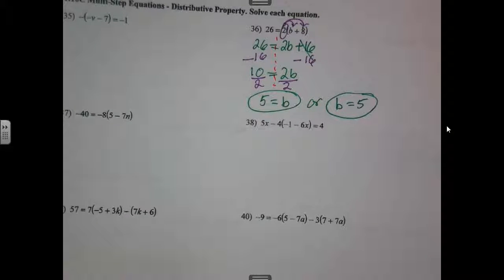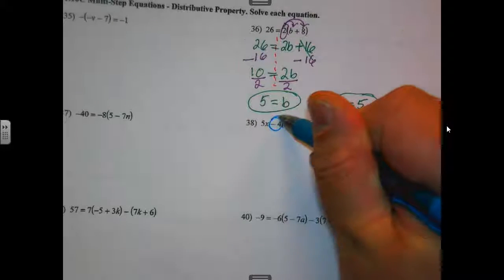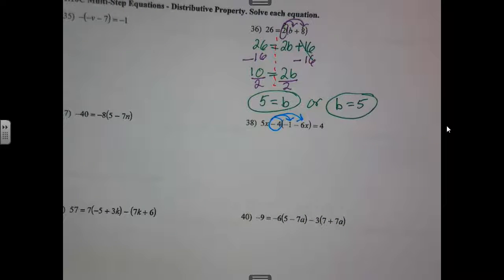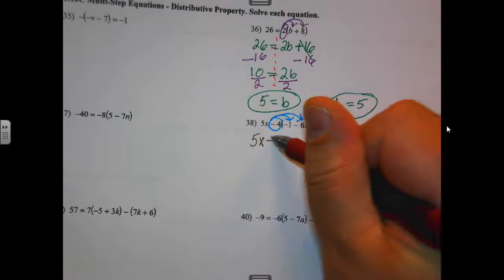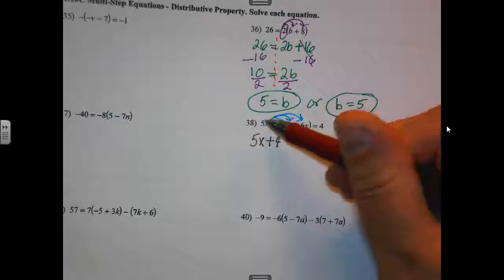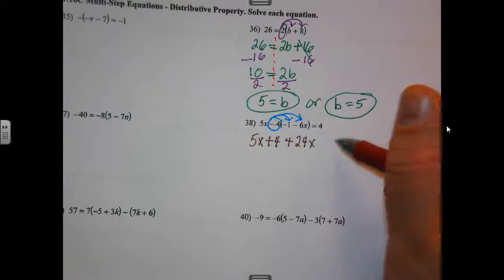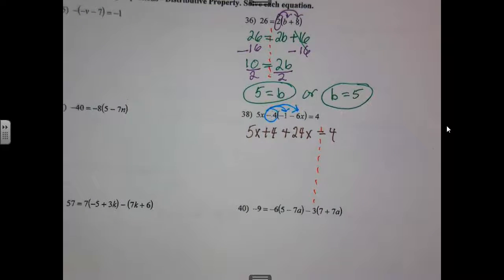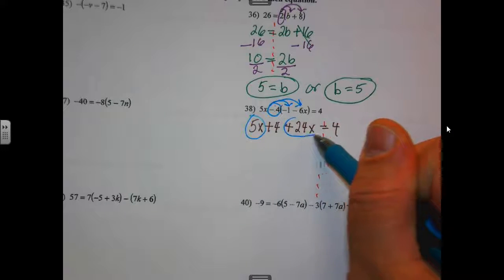Okay, number 38. See, I got negative 4 that I'm going to have to distribute. So I have 5x. Negative 4 times negative 1 is a positive 4. Negative 4 times a negative 6x is a positive 24x. Okay, I have like terms on the same side of the equal sign.